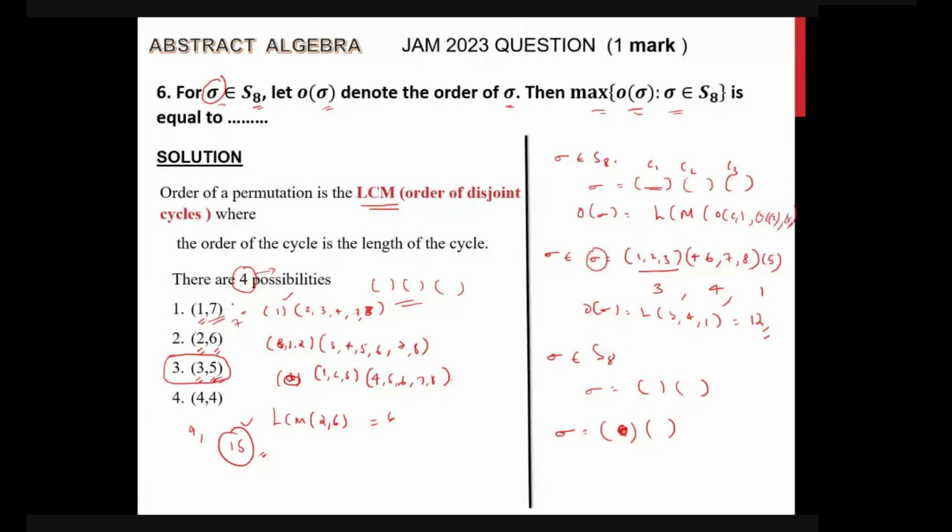So the answer must be equal to 15. So the important thing is, in order to find the maximum order, you have to split into different possibilities of the cycle type, and you check which one has the higher LCM, and that is the maximum order.